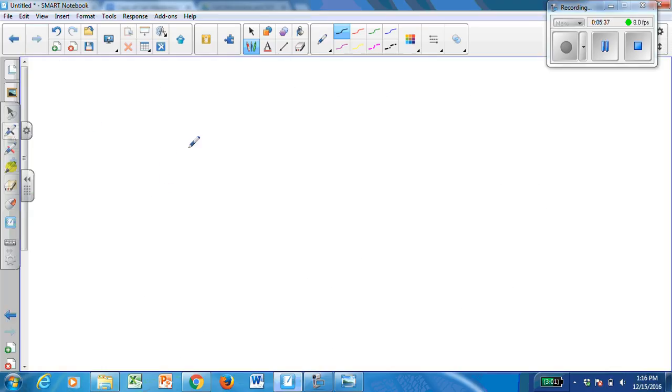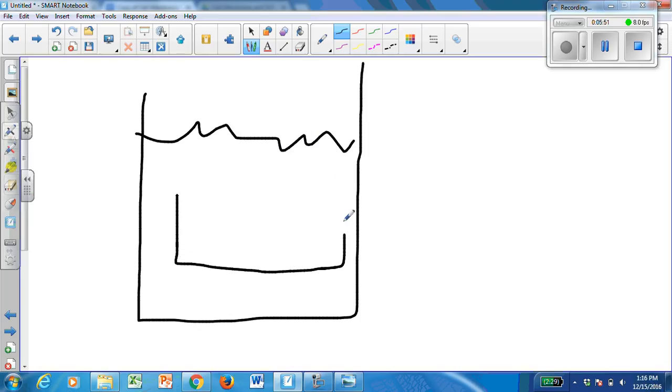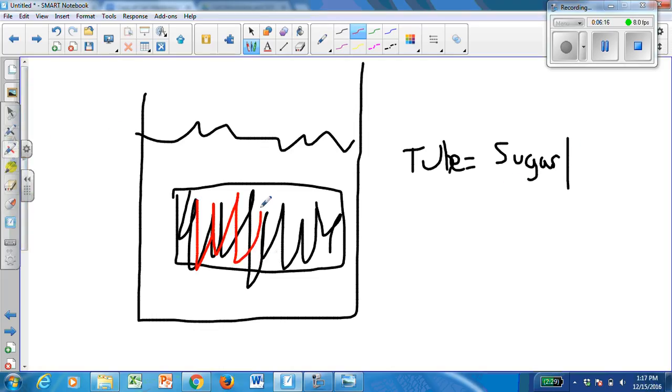So part B, we're going to have a cup here, and we're going to fill a cup with just regular water, and then we're going to put a dialysis tube, and I'm going to say half of the tube is sugar, the dialysis tube, half of it has sugar, and half of it has starch.